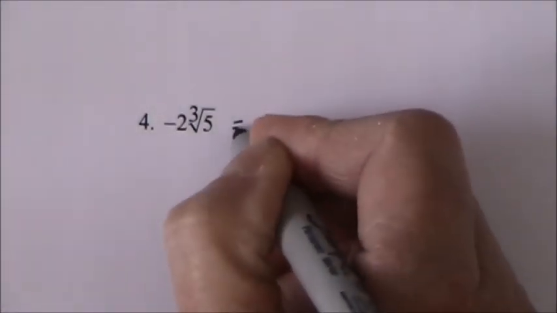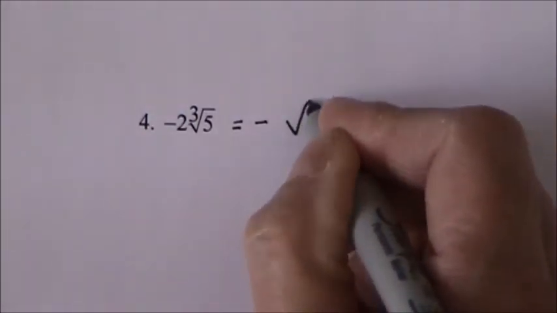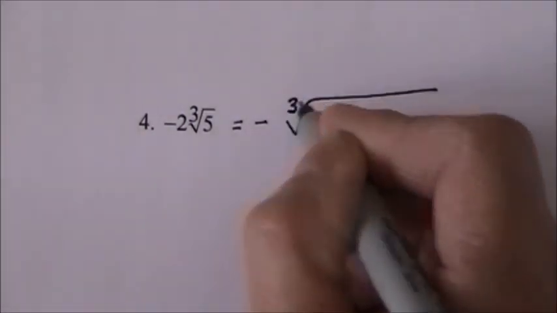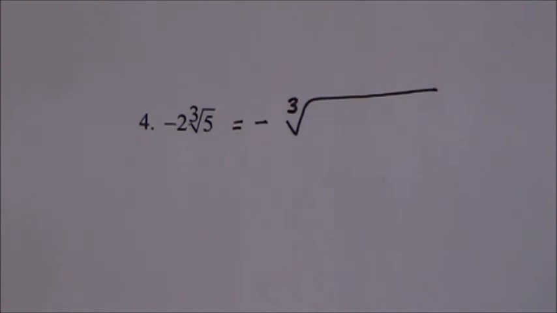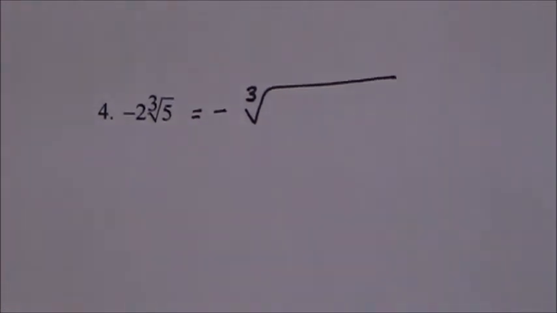For our last example, we have a negative cube root, and we can tackle it the same way we did with the square root. We can leave the negative on the outside, write our radical with the index of 3, and because the index was 3, we're going to put 3 2s underneath the radical sign.